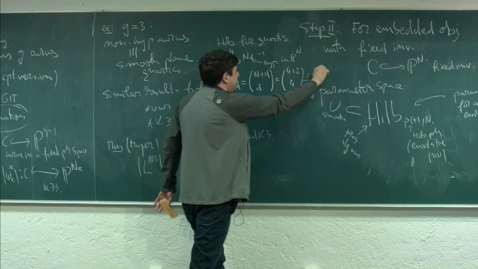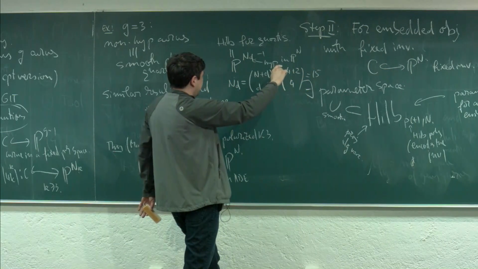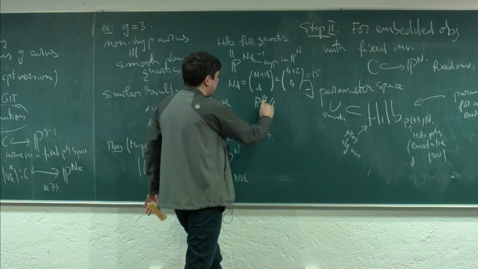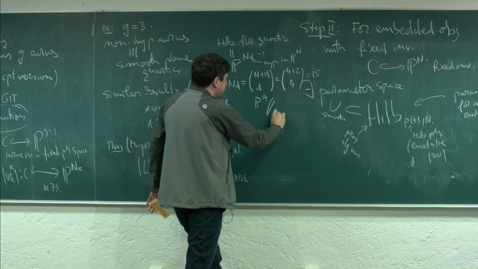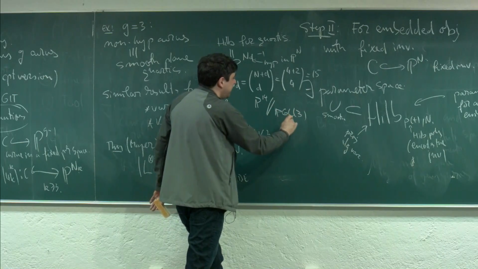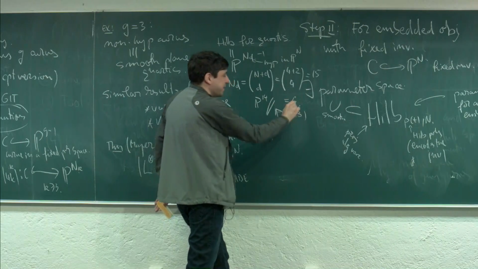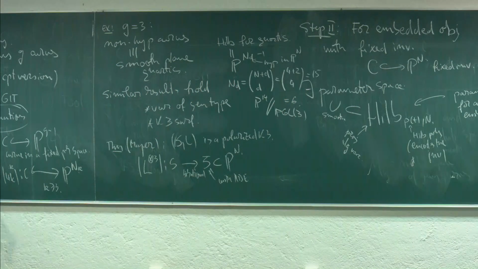Okay, maybe 15. No, it's P^14, and then you mod out by PGL3, which has dimension 8. So 14 minus 8 is 6. Okay, so it looks right.